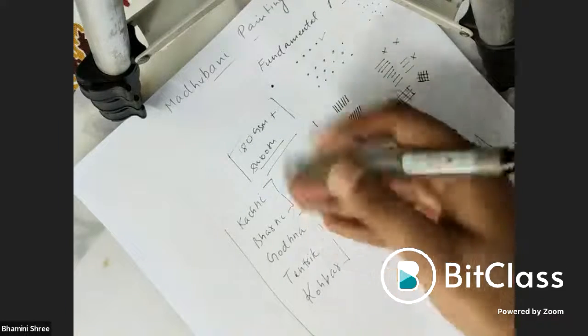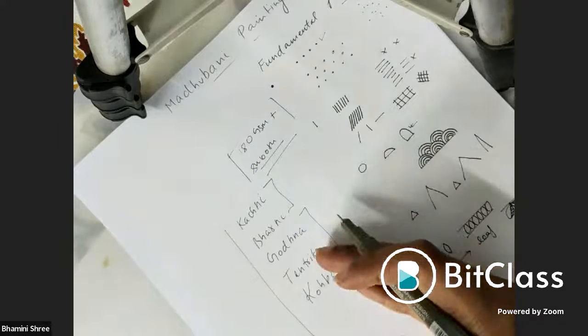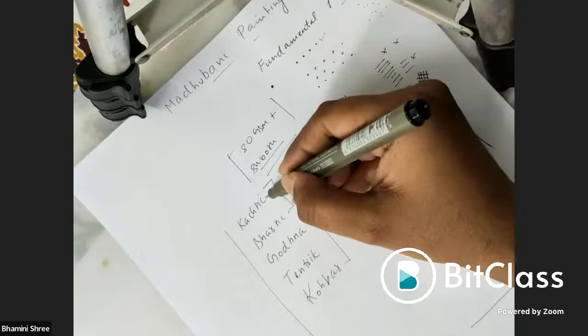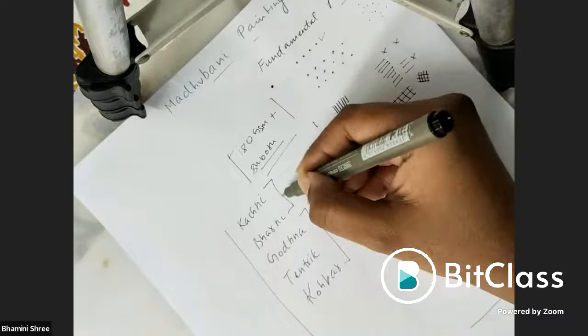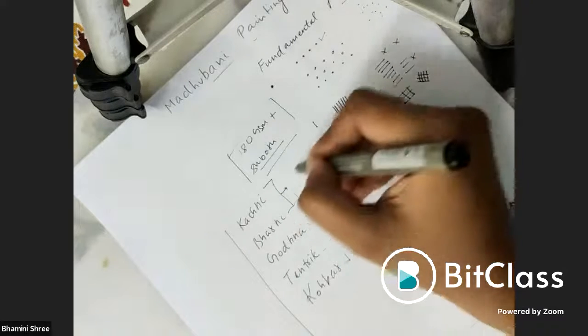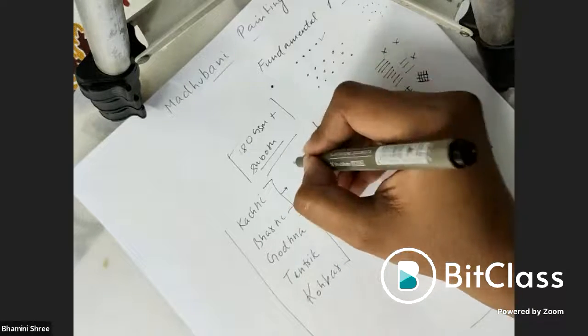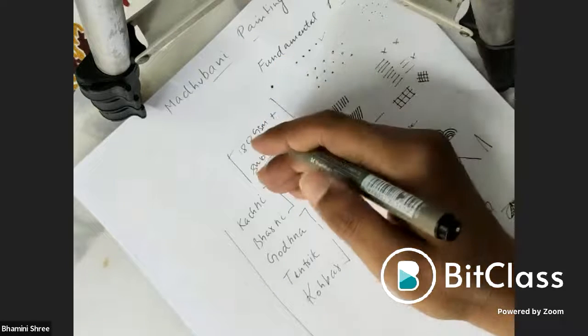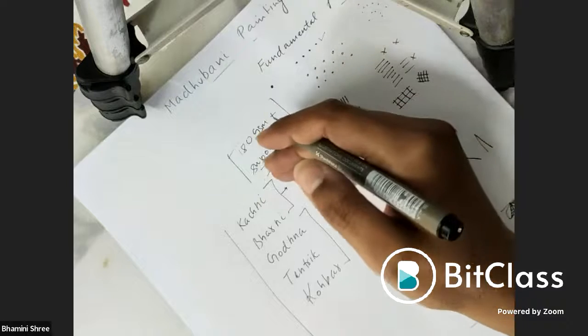So we do have these 5 broad categories of Madhubani painting. The first 2, Kachni and Bharni, are divisions based on the style of painting. Have you done it predominantly using patterns, or have you done the painting predominantly by adding colors?